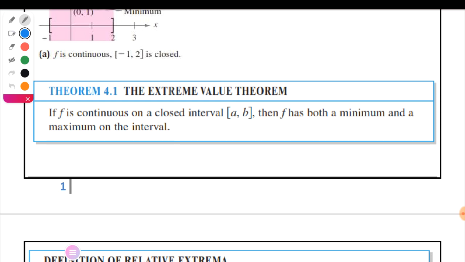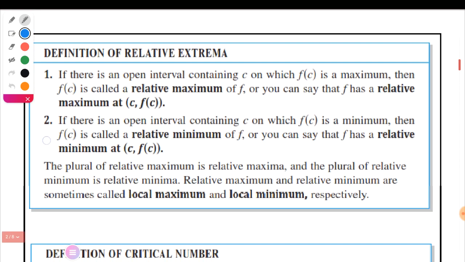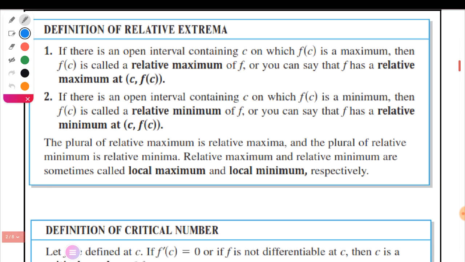Okay, now I'd like to define another concept. What is the meaning of relative? Not absolute, relative extrema. It means relative maximum or relative minimum. What is the difference between them? When we talk about the extrema on a closed interval, we name them absolute maximum and absolute minimum.